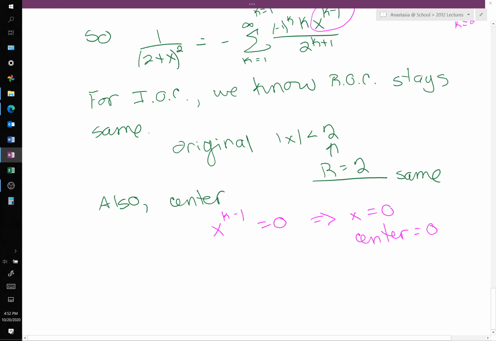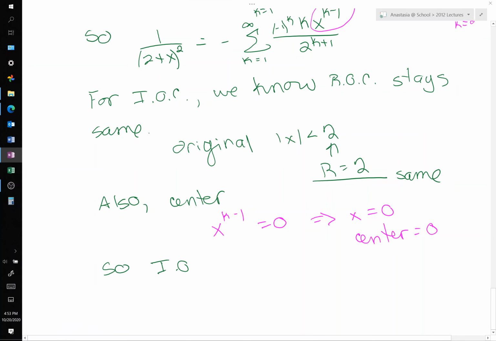So the interval of convergence contains the interval where the center minus the radius and the center plus the radius.